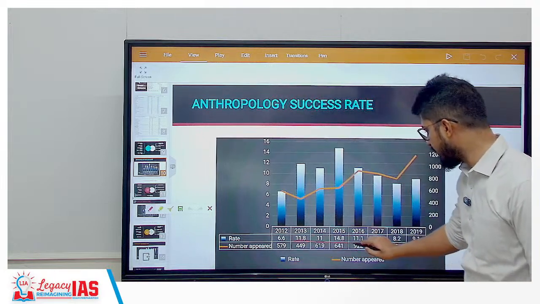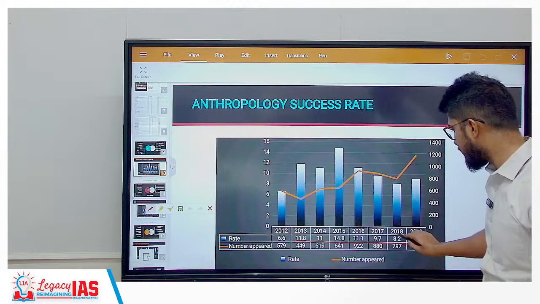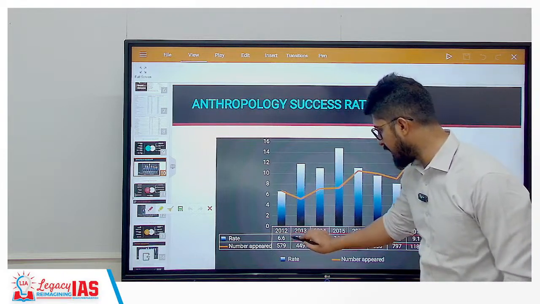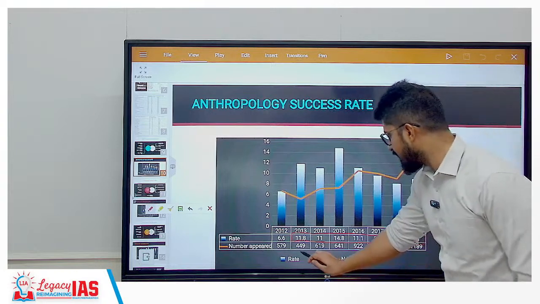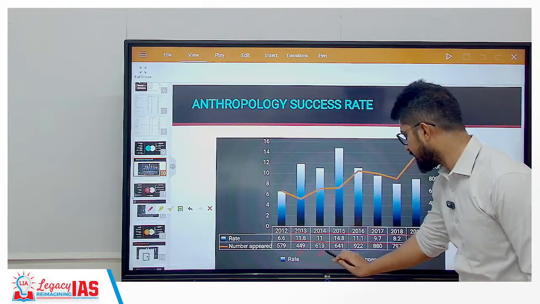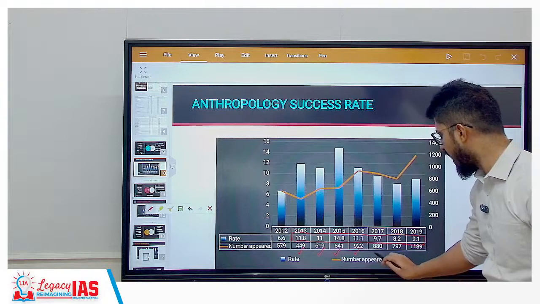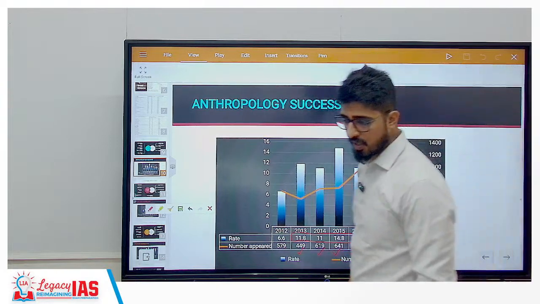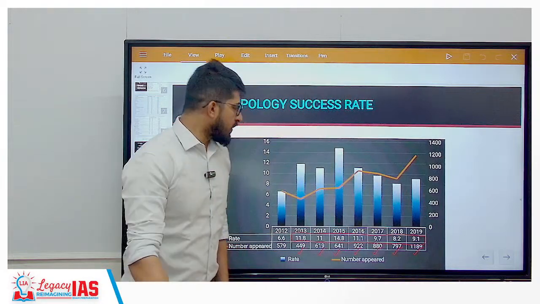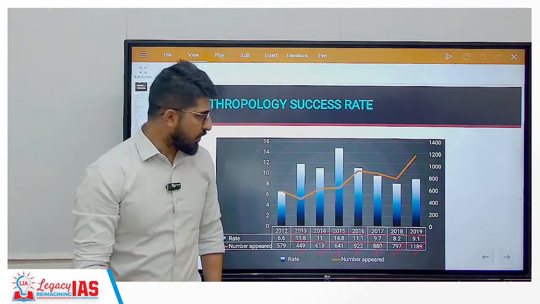From 2013 till this point, it has been doing really well. And look at the number of people. It has gradually increased. Yes, it has gradually increased. So that is the risk factor I spoke of.